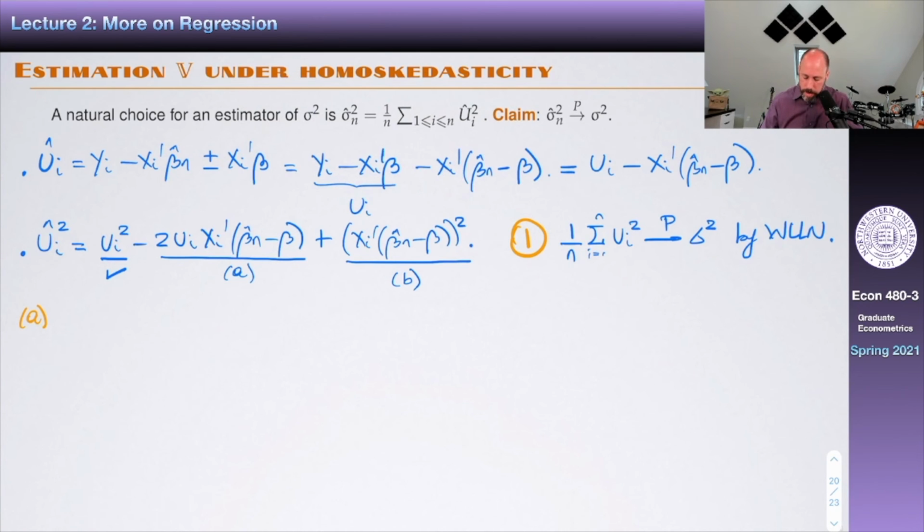So here we have one over n, the sum from 1 to n of u_i x_i prime (beta hat_n minus beta).